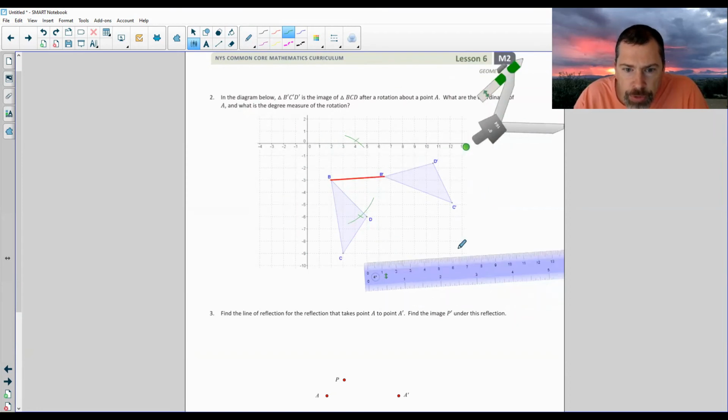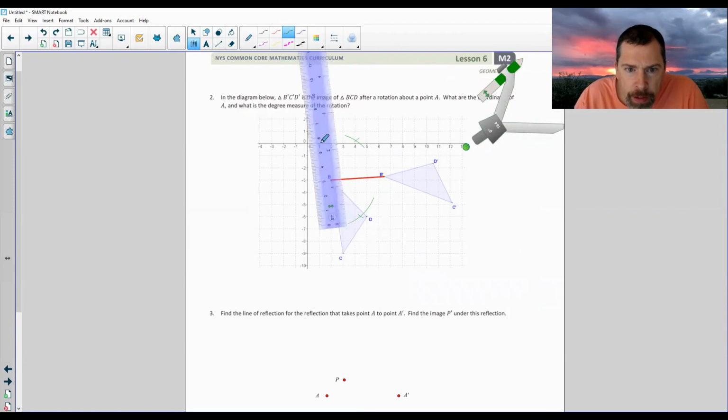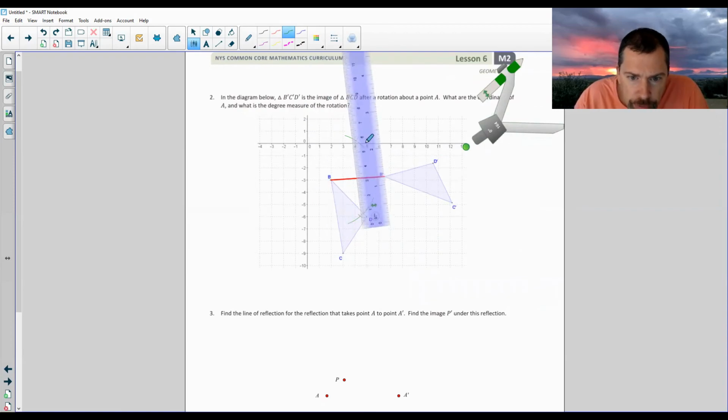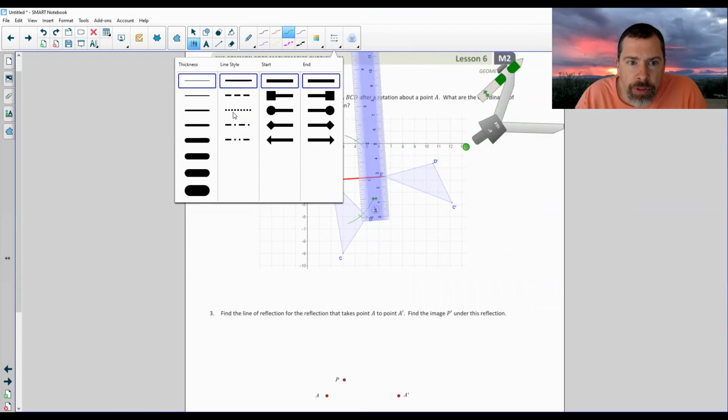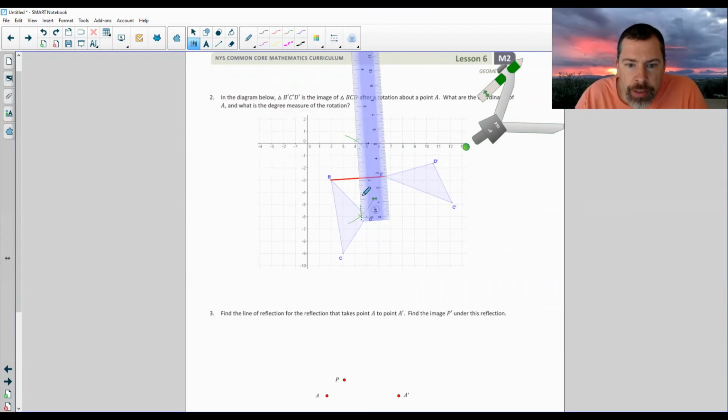So then I'm going to draw my line of rotate, or my perpendicular bisector going through these two intersection points. And I'll do this with a dash line just to make sure I can see what the differences are.